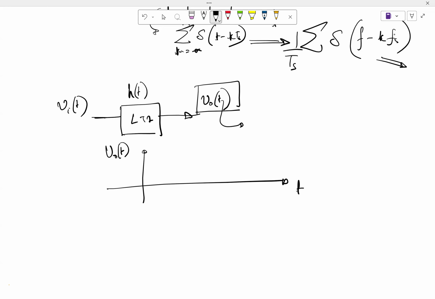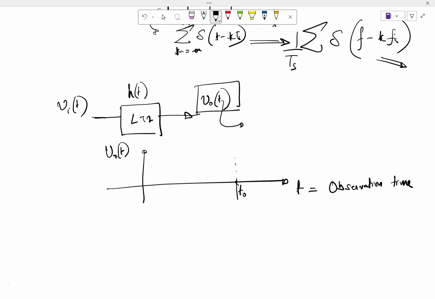Important thing to note, t is the observation time. Which means I have fixed myself a time on the time axis, and I'm going to sit there and observe what the output is. Let me call this T0.